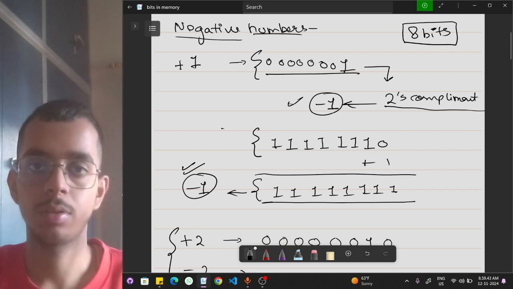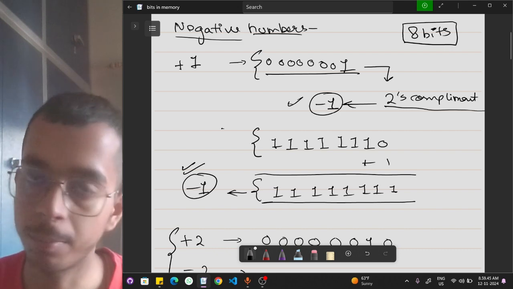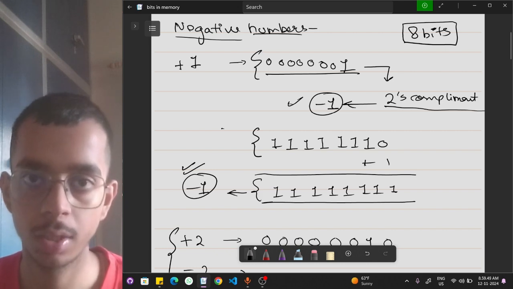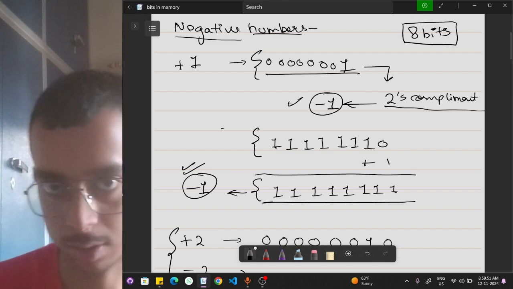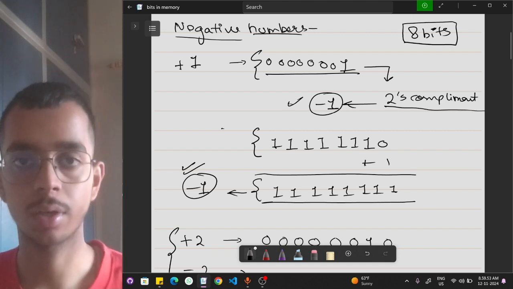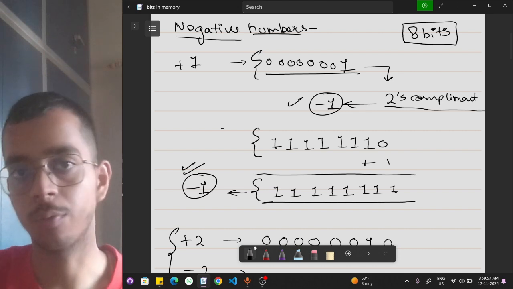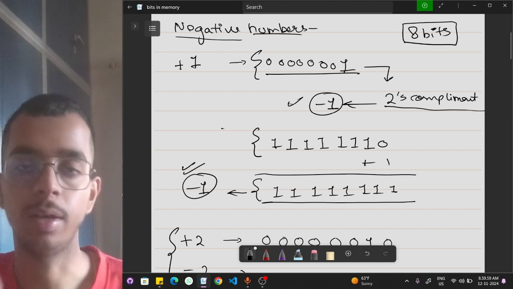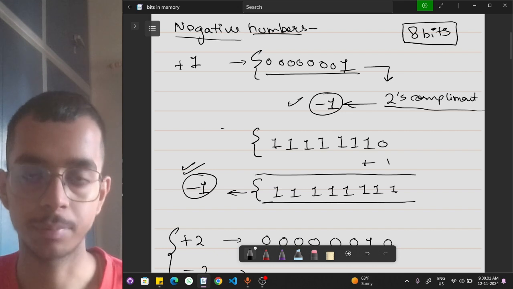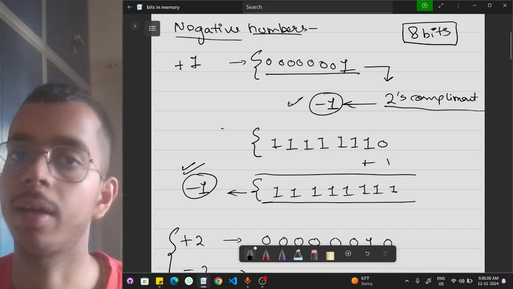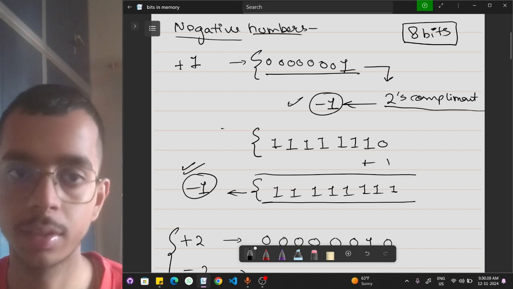Again, a disclaimer: while you are calculating values for negative numbers, you cannot use your usual method of multiplying 2 to the power 0, 1, 2 on each value. That is going to give you very wrong answers, so don't do that.